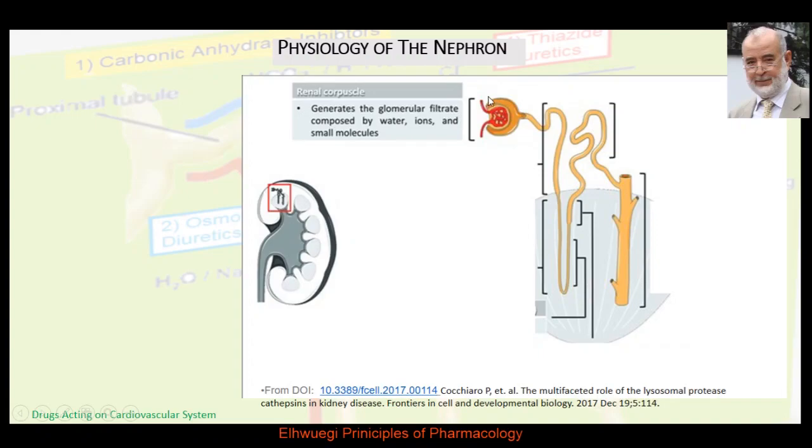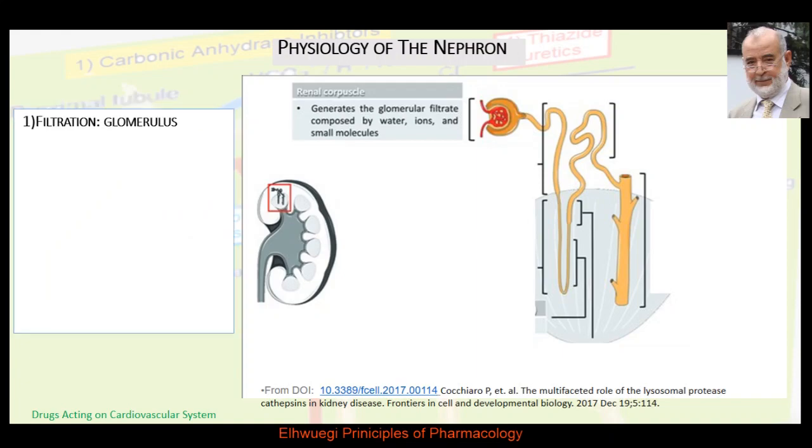It is composed, as we know, of the glomerulus and several tubules, including the proximal tubule, then the descending and ascending limb of Henle, then the distal tubule and the collecting tubule. Of course, as we studied in physiology, the nephron is concerned with three main functions.